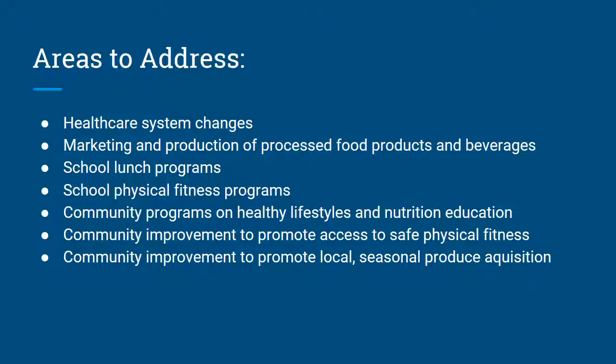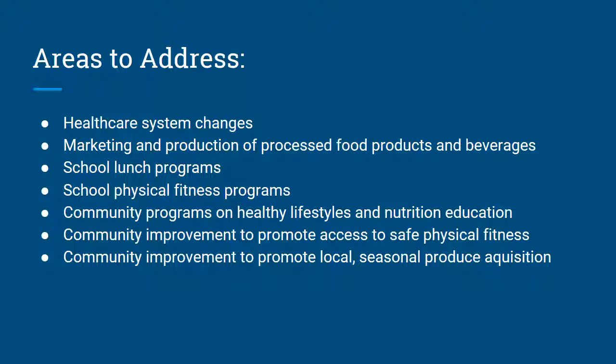Areas to address for future study of pediatric obesity include healthcare system changes, meeting the needs of our children's health through examining what current healthcare system is provided and seeking out changes to promote healthy lifestyle change for children in the obese population.